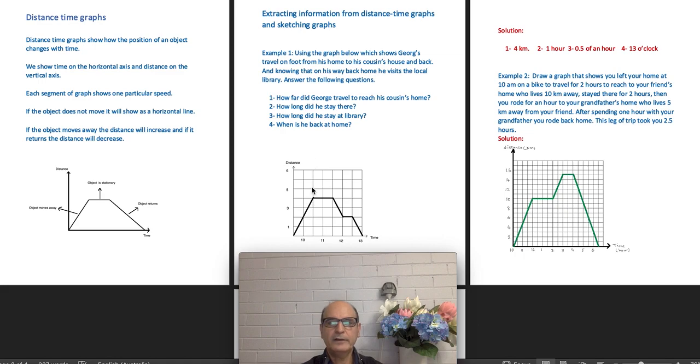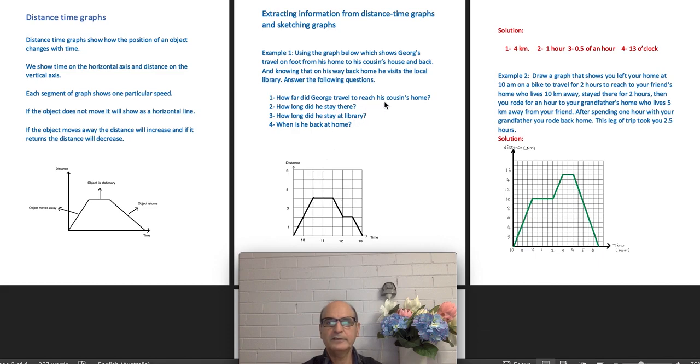Now, how far is his cousin's house? At this time he's reached his cousin's house because for the next 1 hour he's not moving. How do we know that? Because the graph is horizontal. So he's not moving in this time period, which is from 10:30 to 11:30. So he must be at his cousin's place.